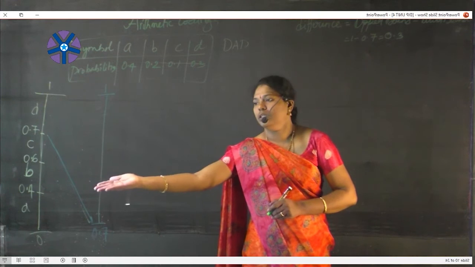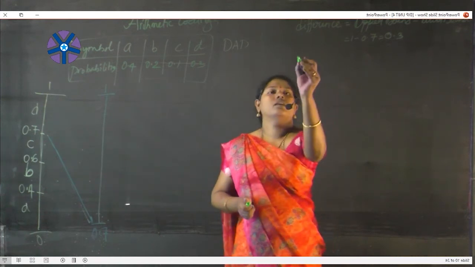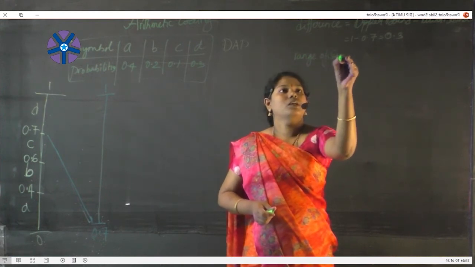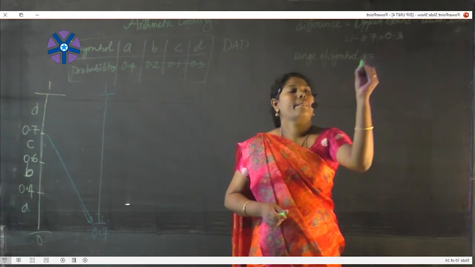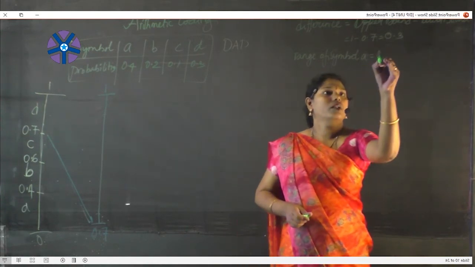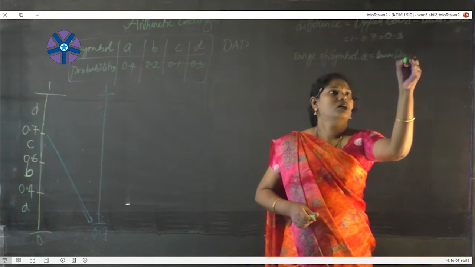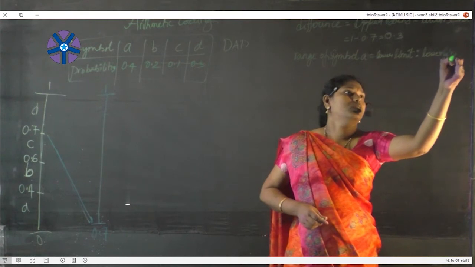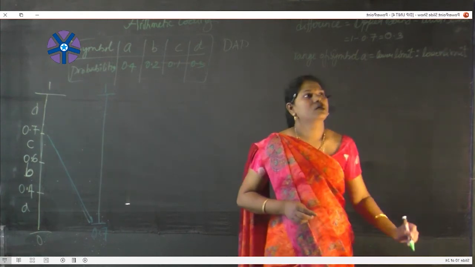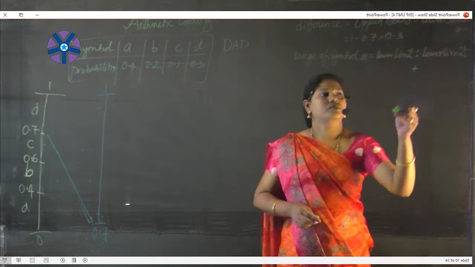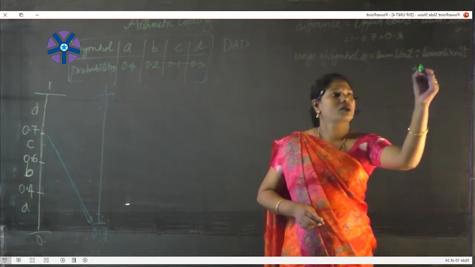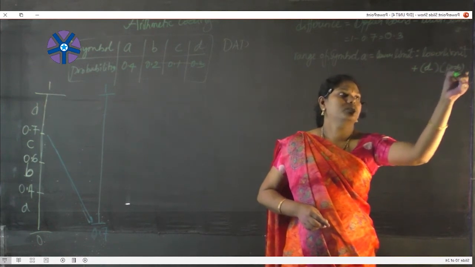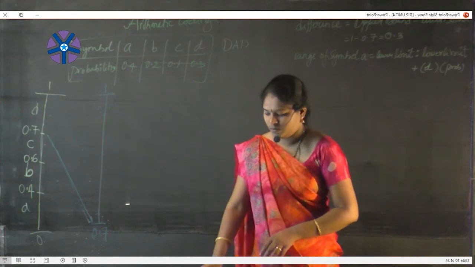Now we have to find the range of A. The range of symbol A is the lower limit colon lower limit plus the difference into the probability.